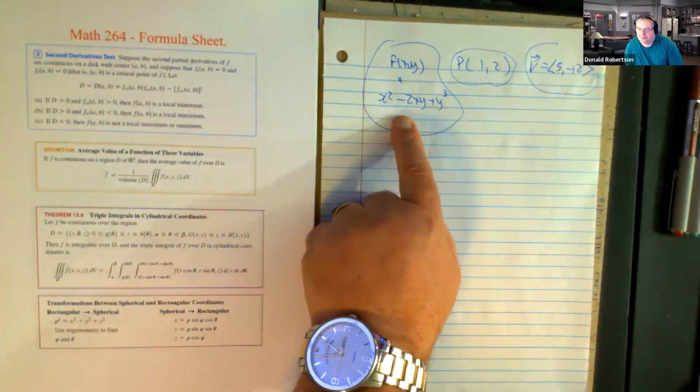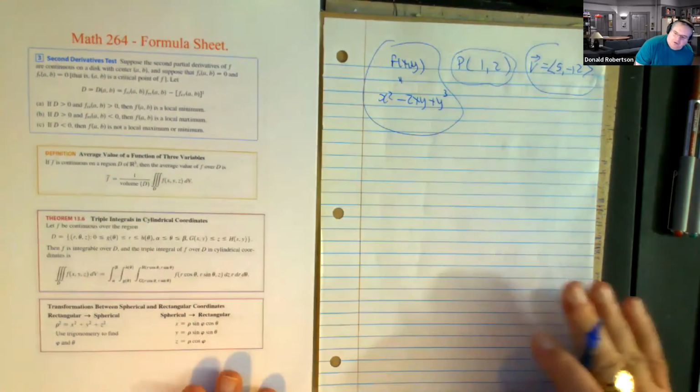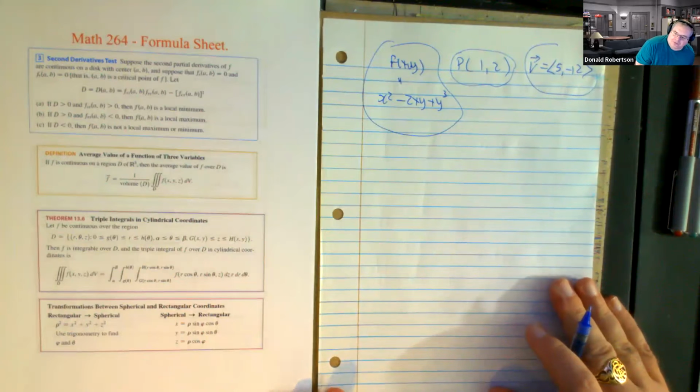So that fella. How would you do it? How do you find directional derivatives? This happens just before Lagrange, if you're wondering where it is. So it's pretty early on.